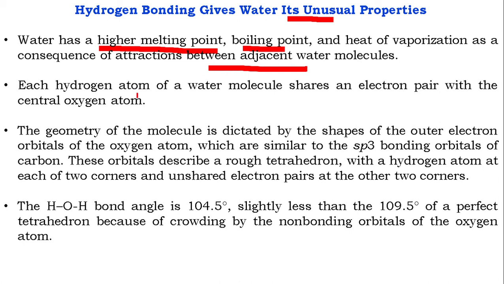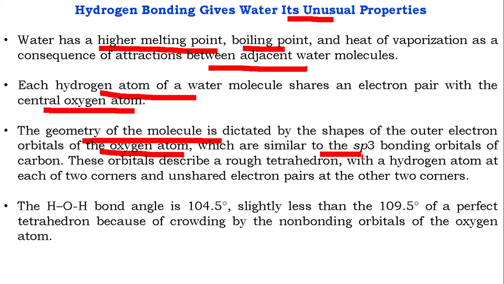Each hydrogen atom of water shares an electron pair with the central oxygen atom. You know that it is by means of a covalent bond. And the geometry of the molecule is dictated by the shape of the outer electron orbital of the oxygen atom. This outer electron orbital of the oxygen atom is similar to the sp3 bonding orbitals of carbon.